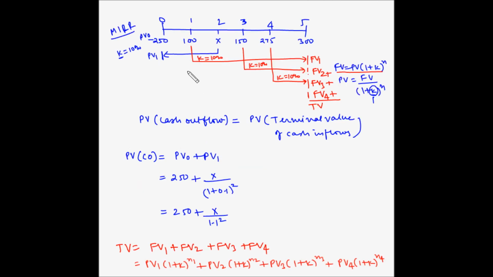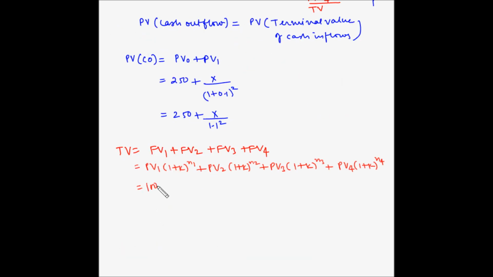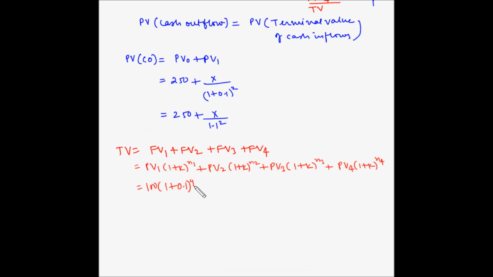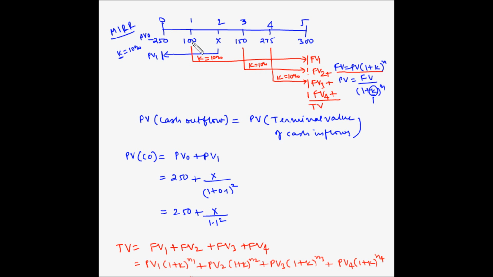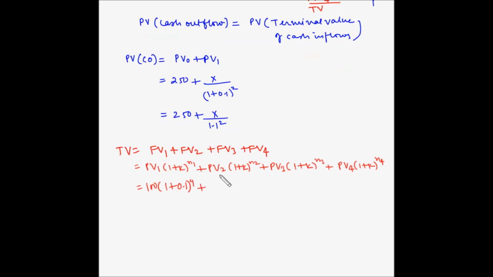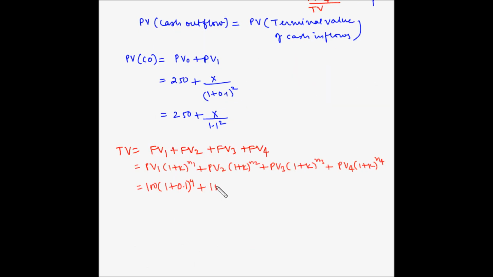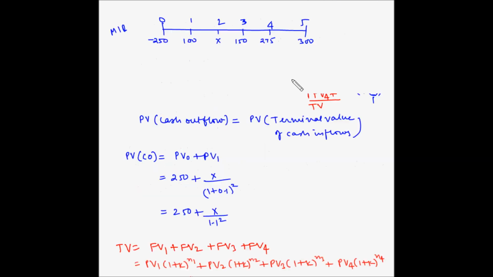Now PV1 is 100. So 100 into 1 plus 0.1. N1 is 4, because we are going to compound this 100 rupees for 4 years. Plus PV2 is 150 into 1 plus 0.1 to the power n2.